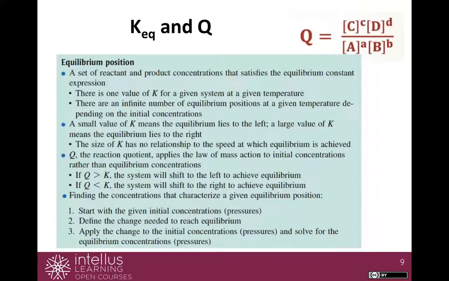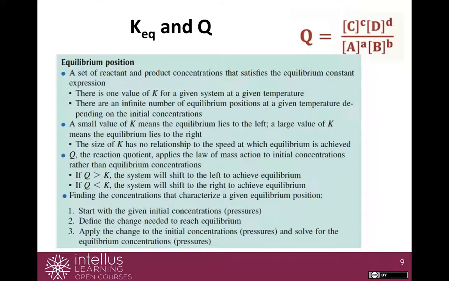So, what can happen about K and Q? So the equilibrium position, if we have a set of reactant and product concentrations, we can fill them all in that Q expression, and then we can compare it to what K is, and we have to be given one and calculate the other.